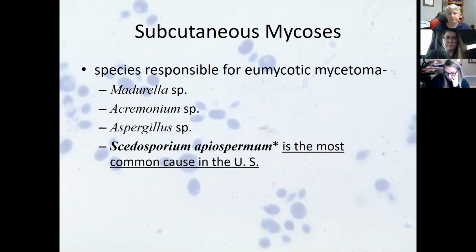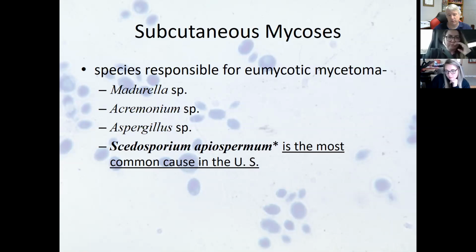So from our lecture here, the eumycotic mycetoma agents: Madurella, Acremonium, Aspergillus. And the one for the United States, the most common cause of subcutaneous mycosis of eumycotic mycetomas, is Pseudallescheria apiosperma.